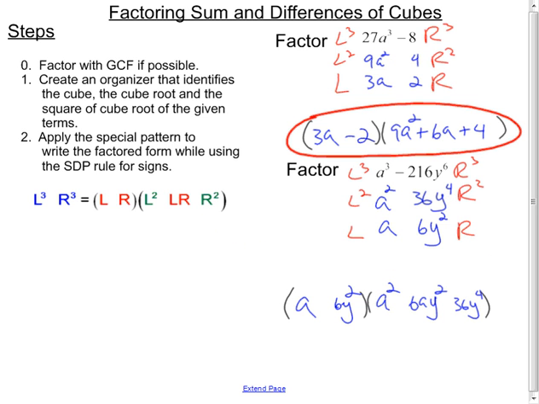Using the same different positive rule for signs: same as minus is minus, different than minus is plus, and the last sign is always plus. Again, if I were to multiply this binomial times this trinomial, I would in fact get back the original difference of cubes binomial. Okay?